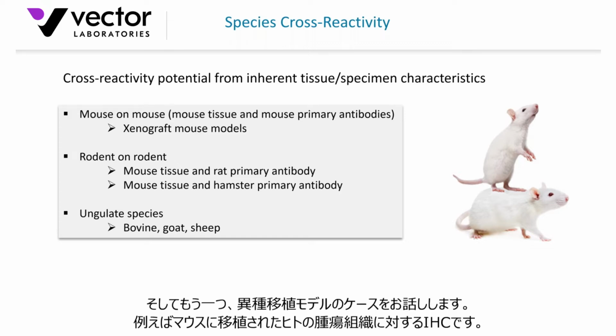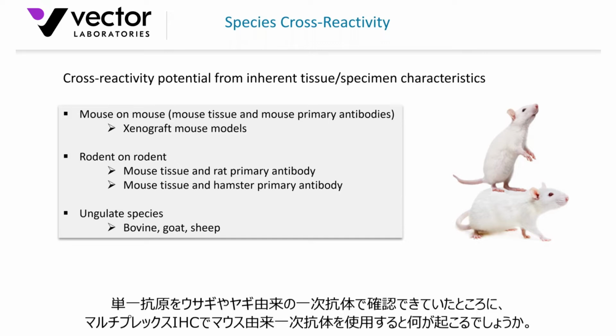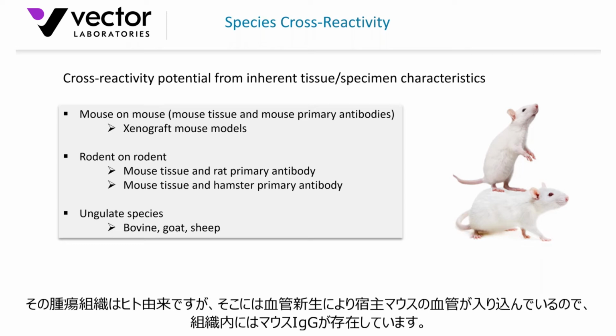So I've got here as a bullet point a xenograft mouse model. What I mean by that is, let's just say you're growing up a human tumor in a mouse and you've been looking at it with a rabbit or a goat primary antibody. But if you're introducing a second label with a mouse primary antibody, that human tumor is actually vascularized by mouse blood vessels.